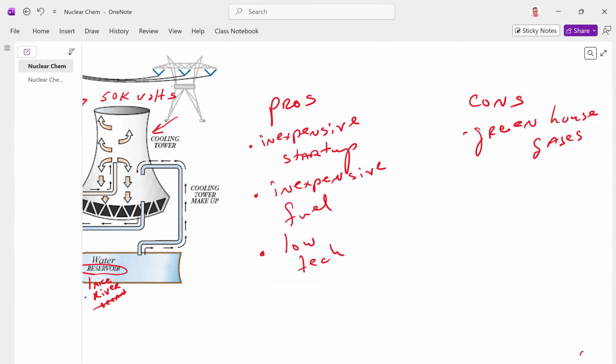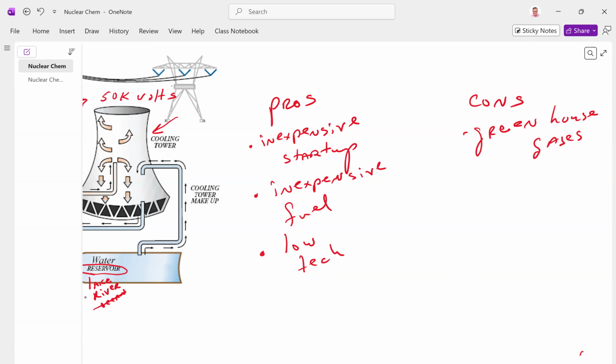But the problem with coal is it's made from old plants and animals from millions of years ago, and they have nitrogen and sulfur built into the proteins called amino acids. Those amino acids contain sulfur and nitrogen, lots of nitrogen.